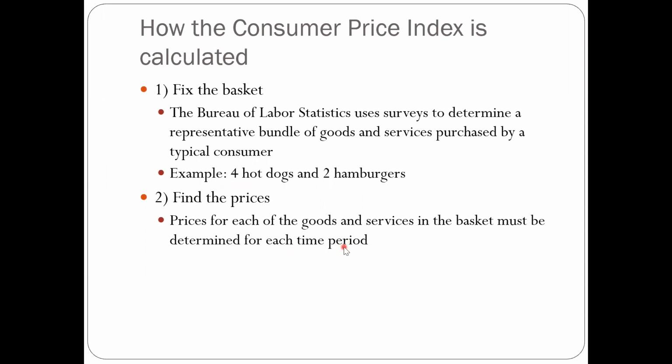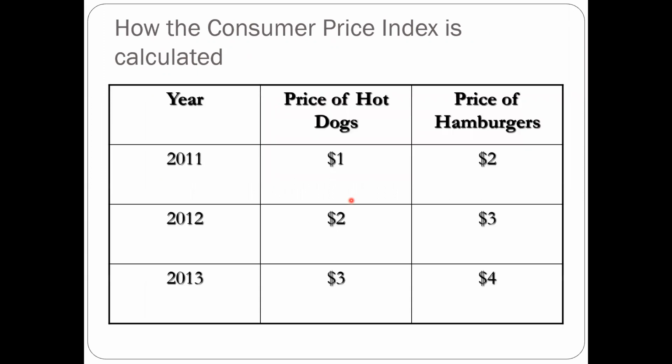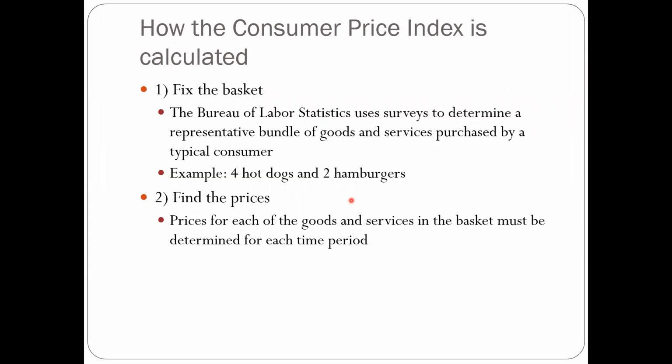طبعا الأسعار بتتغير من فترة زمنية لفترة زمنية أخرى، فيجب علينا تحديد أسعار السلع والخدمات التي تتكون منها سلة السلع والخدمات الأساسية. بعد ما احنا جبنا أسعار السلع، so step number 2, find the prices, and then this is a numerical example.